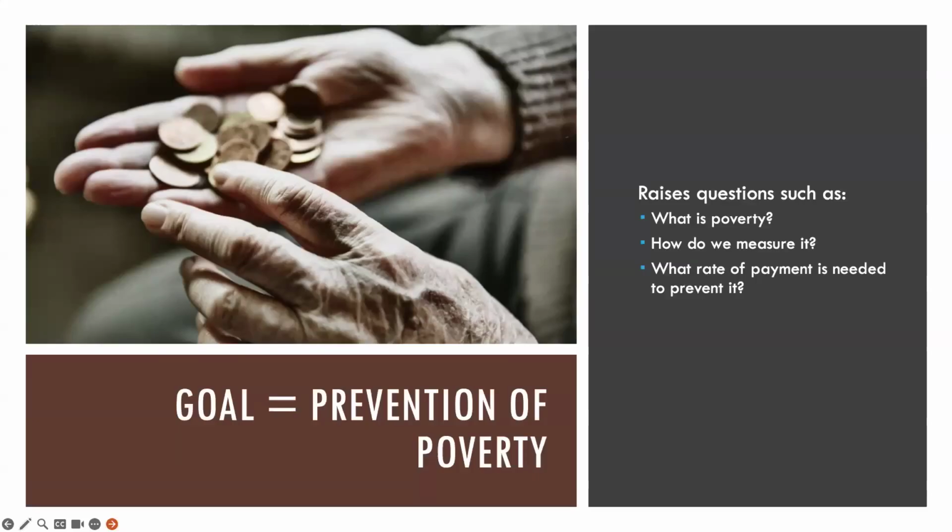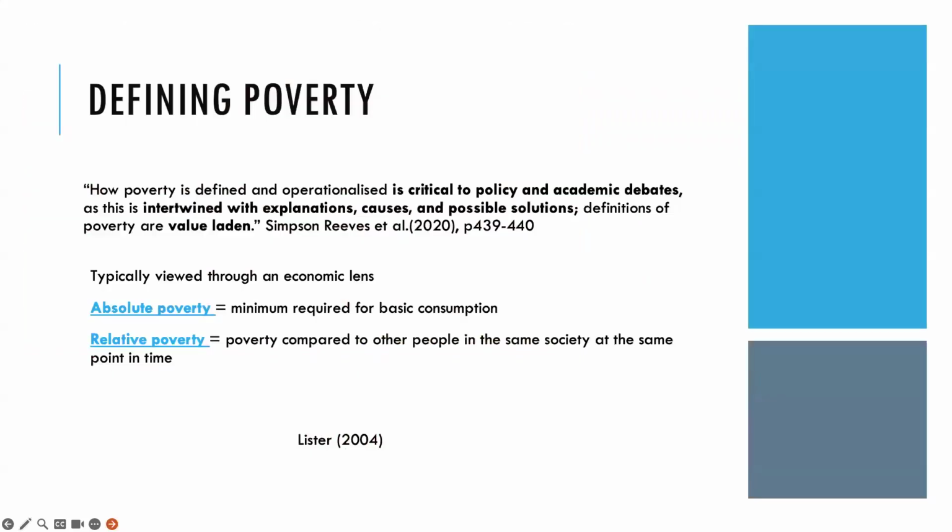This, in a sense, problematizes the way we speak about poverty and raises important questions such as what is even poverty and how do we measure it? What rate of payment is needed to prevent poverty? When speaking about poverty, there are many different ways of defining it.